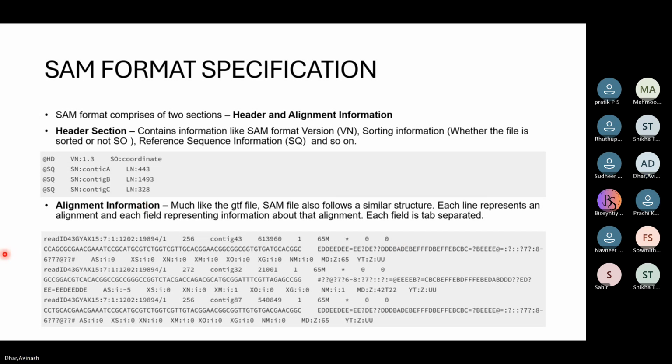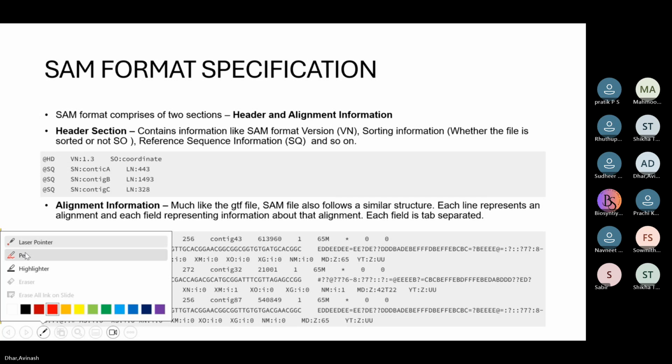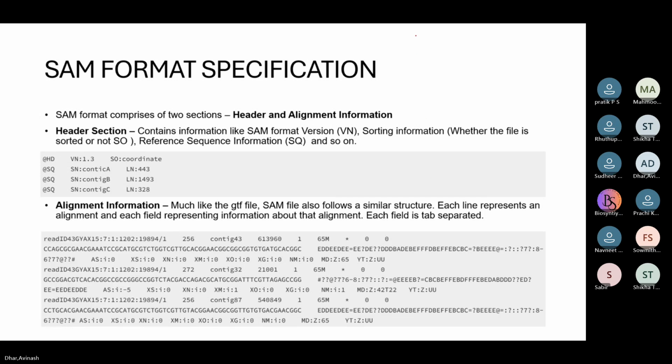For example, this is my inner mate pair distance. You can call it the distance between the 3' end of both the forward as well as the reverse read.